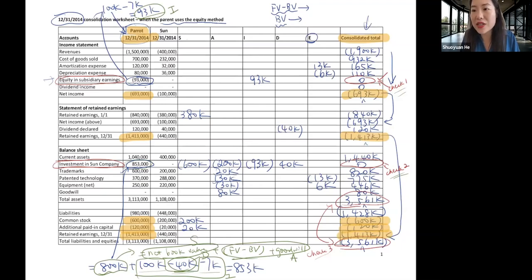If it's not zero, there's something wrong. So this is all I want to talk about regarding the first situation, if the parent is using the equity method and it is in the year of the acquisition. And then we're going to look at if the parent has been using some of the other methods.